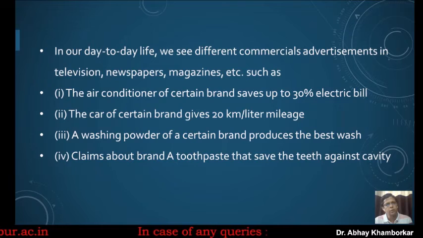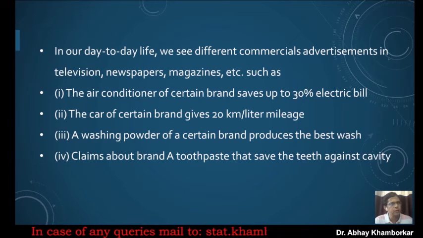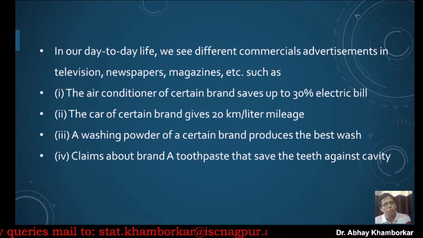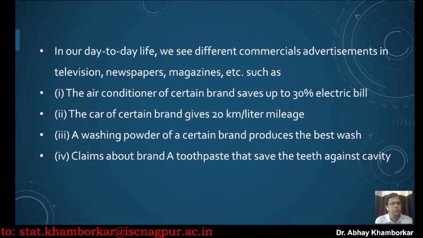That statement will involve this 30% electric bill, which will be nothing but our population parameter. Population parameter के term में वो लिखा जाएगा, and naturally once we have that information, we can check whether this information is true or false on the basis of a random sample, right? So random sample को use करते हुए we can check all these claims made by the manufacturer.